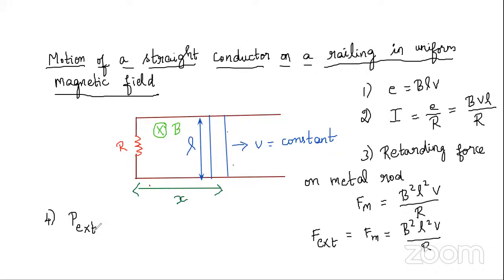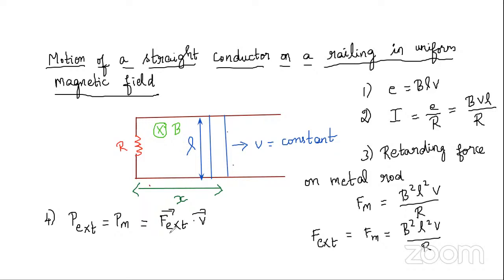So P external is equal to P m, because the external force is equal to the retarding force on the metal rod. Power is nothing but the rate of doing mechanical work, represented by P m equal to F external dot vector V.